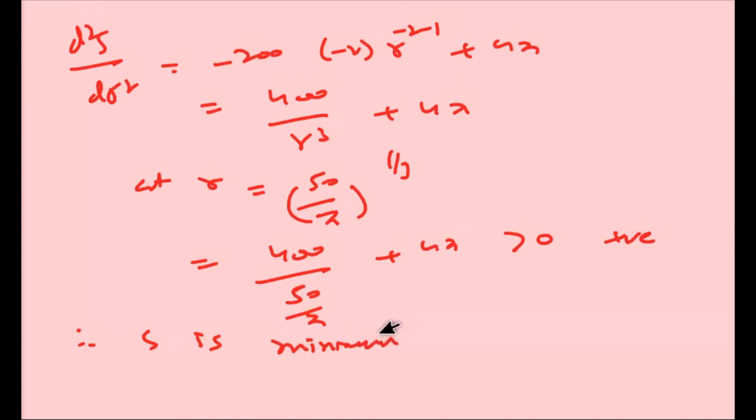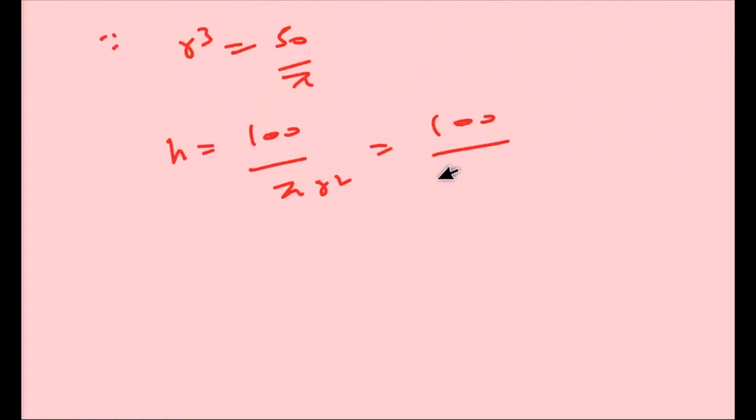Okay student, so we can say s is minimum, so we have to find the radius at these conditions when s is minimum.